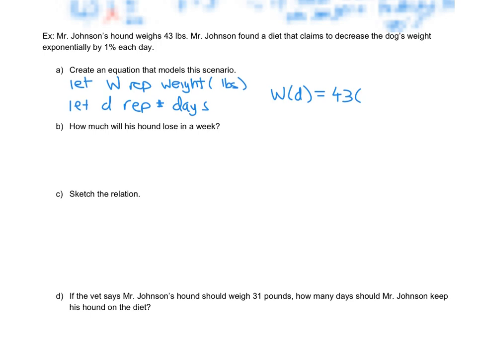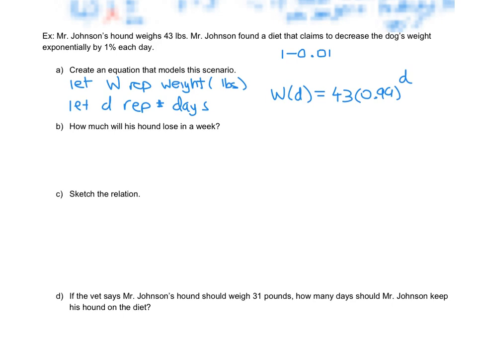So for our rate, for the base, we're going to do 1 subtract 0.01, because that's what 1% is as a decimal. And if we simplify it, we get 0.99. And it occurs every day, so it's just going to be to the power of D. And you can write that as D over 1 if you'd like to, but this is enough.